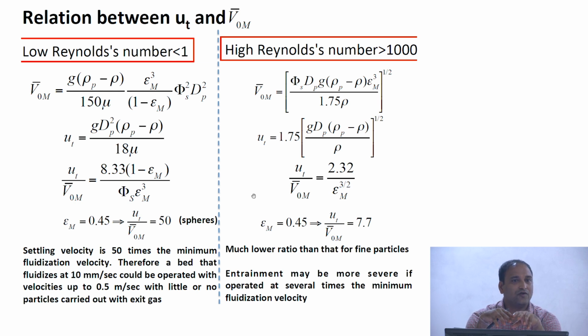However, if you have cases where you don't want the particles to come along with the fluid, then I can work with a flow rate range all the way from whatever value you're using up to about 50 times the minimum fluidization velocity without entrainment occurring, in the low Reynolds number or laminar flow case. However, for the high Reynolds number case, the range of flow rate that I can operate is limited. So that's where we stopped with fluidization.